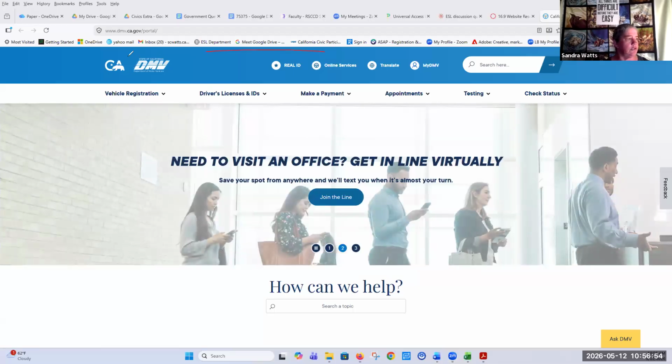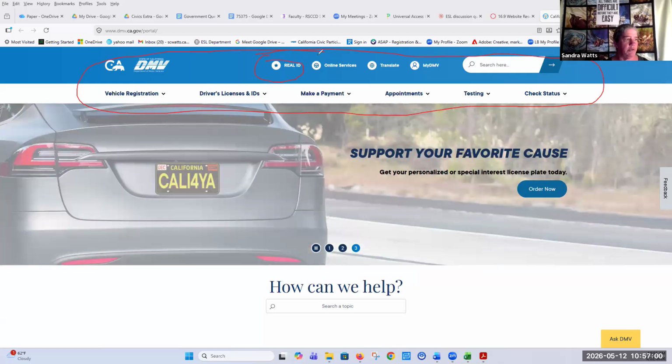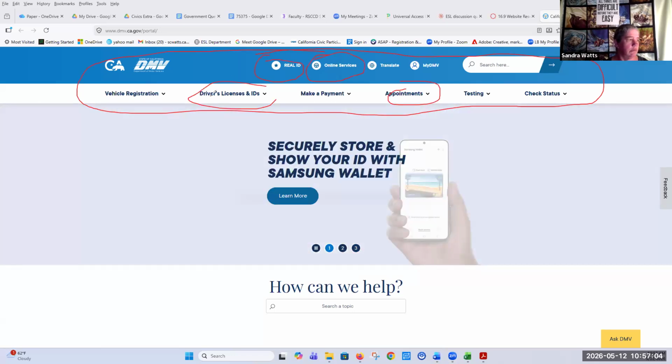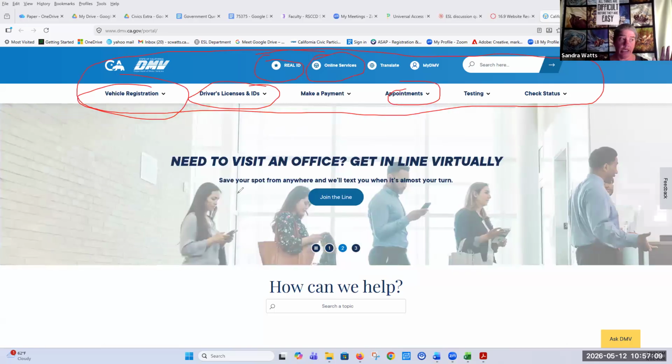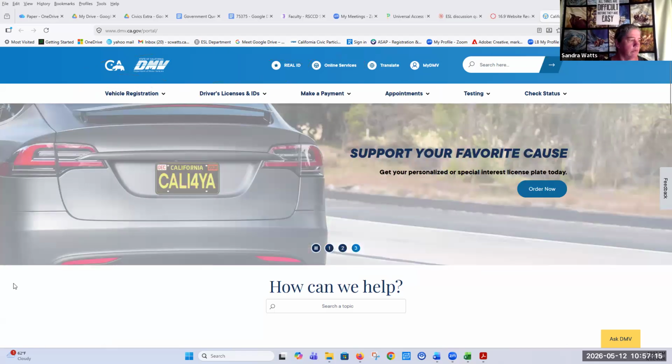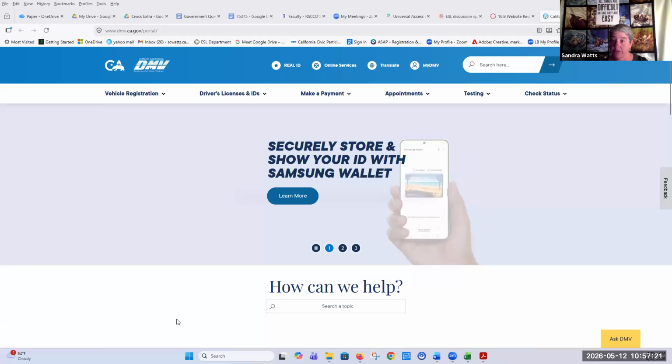Pay attention to all this menu stuff up here. It's possible that the questions will be right in these menu things. Okay? Just saying. Some websites are, remember the term user-friendly that I talked about? User-friendly means easy to use.